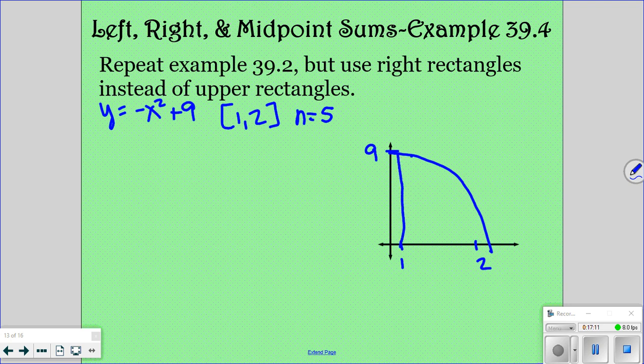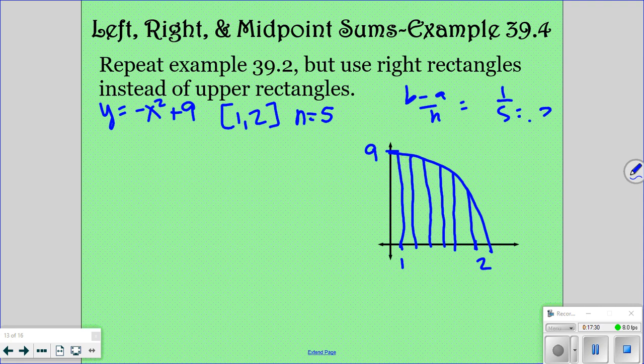So there's 1 rectangle, 2, 3, 4, and here's the 5th one. So again, you can do b minus a over n, and that'll give you 1/5 for this one, or 0.2.